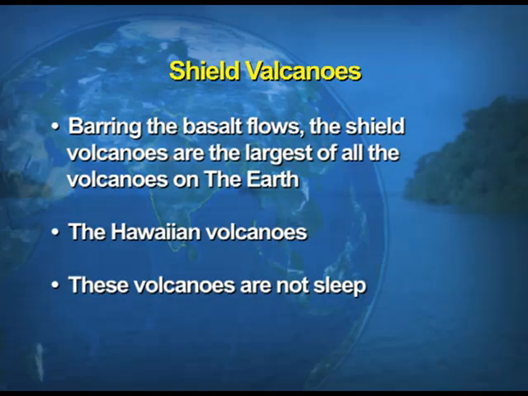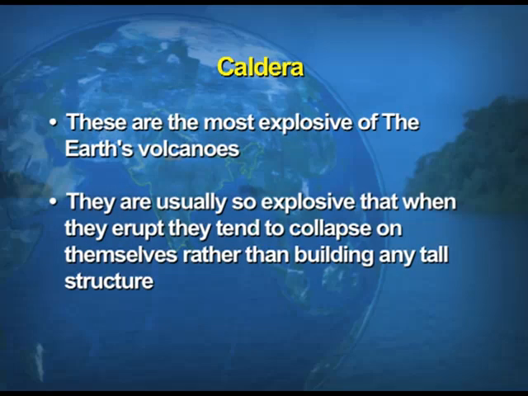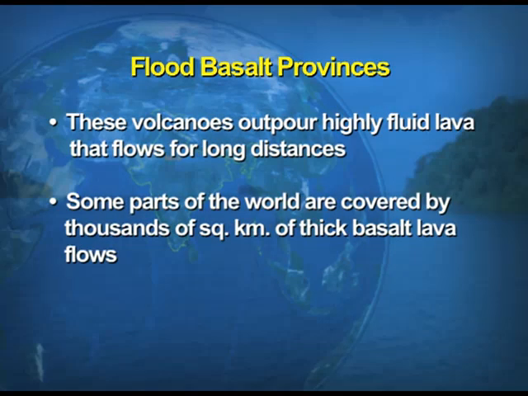Composite volcanoes often have explosive eruptions, and caldera are collapsed depressions. For flood basalt, the most extensive example is the Deccan Trap region, and for the mid-oceanic ridge, the most important example is the mid-Atlantic ridge.